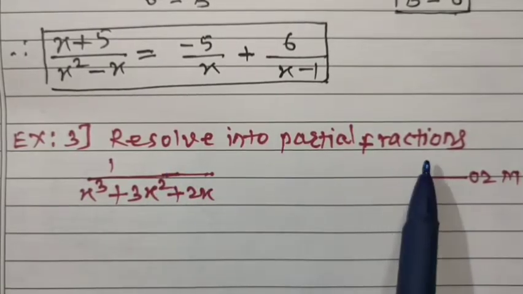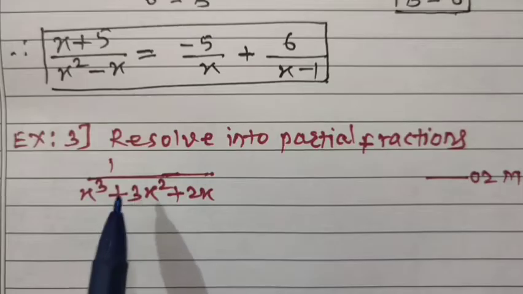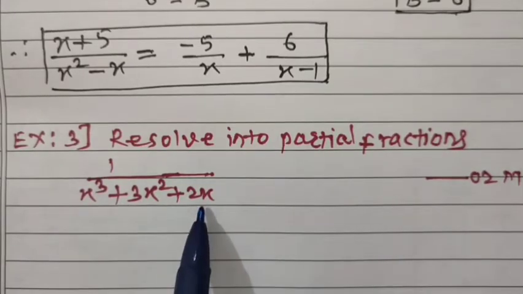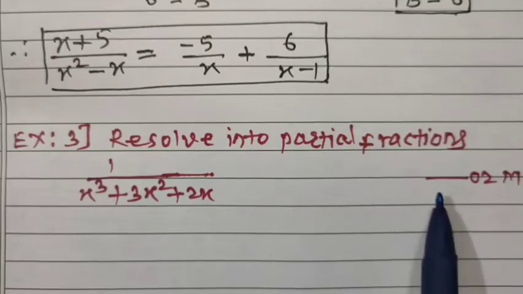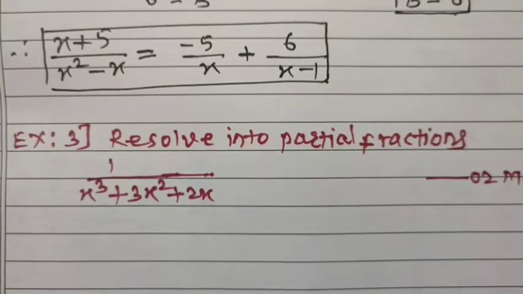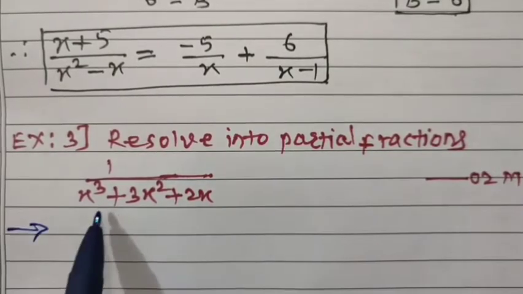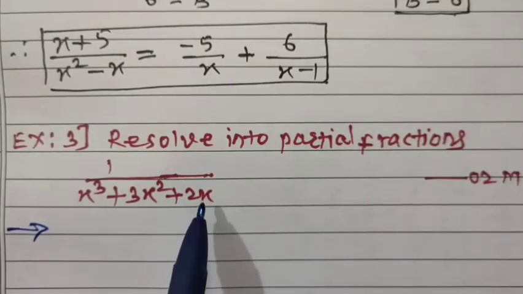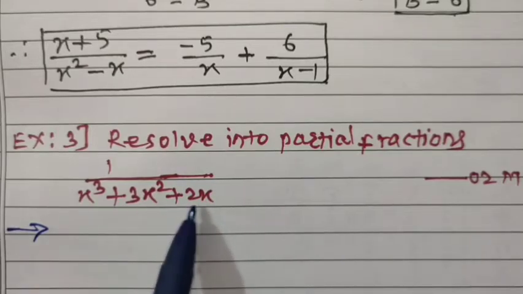Resolve into partial fractions. The rational function is given like this: 1 upon x cube plus 3x square plus 2x. This sum also appeared for 2 marks. To solve this sum, from the denominator, in each term there is x and the smallest power of x is 1. You can take x common from each term.